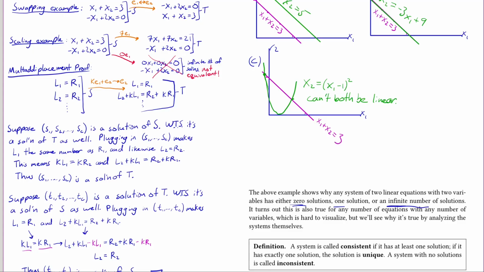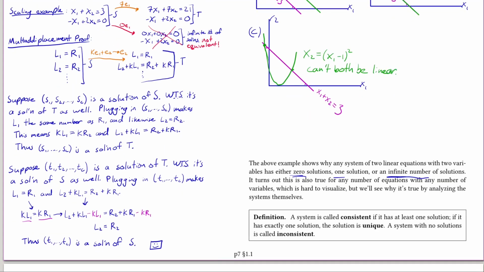And it's especially hard to see why that is true thinking about graphs in R10 or R1 million or something like that, because you can't draw a picture of it at all. But we can do some analysis with the algebra to see why it's true in general with any number of variables, with any number of equations. The number of solutions is either 0, 1, or infinity.